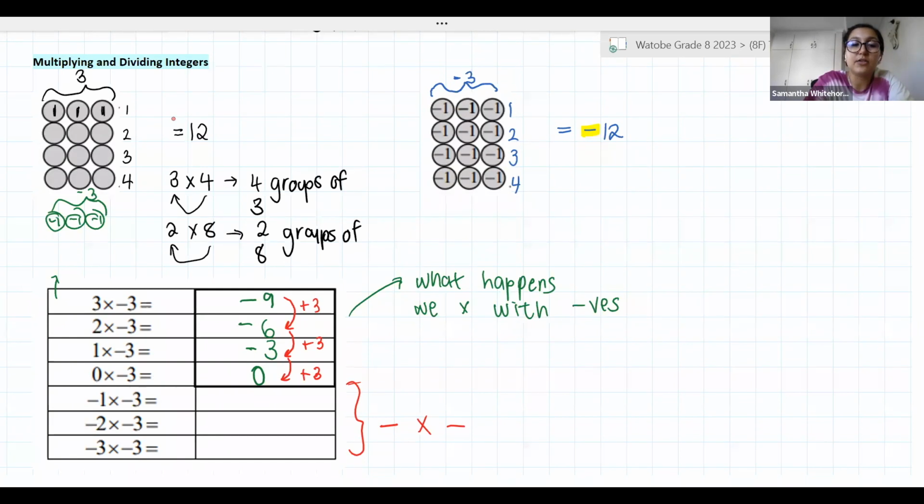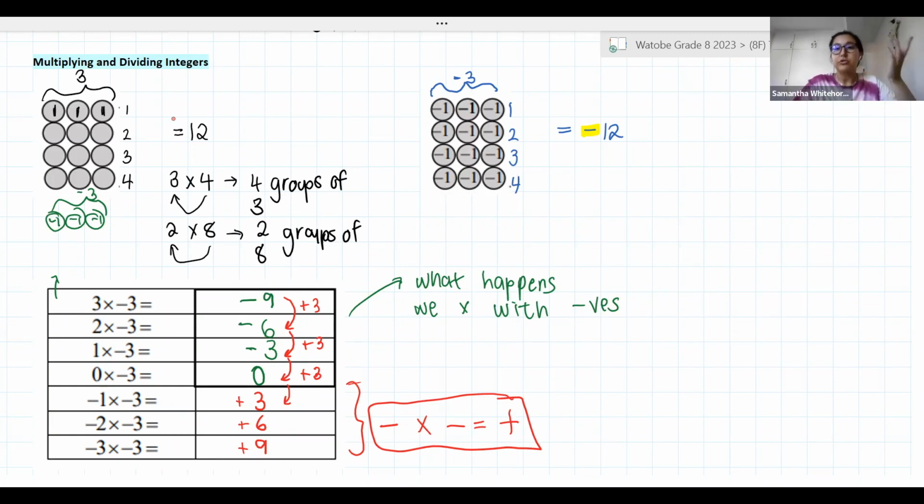So if I just carry on the pattern and I keep adding 3, I'm going to get 3, 6, and 9. And what we should notice is that all of those values are positive. And so what we need to take away from this is that when I multiply a negative by a negative, my answer is going to be positive. And that's just through the pattern of these multiples of -3.